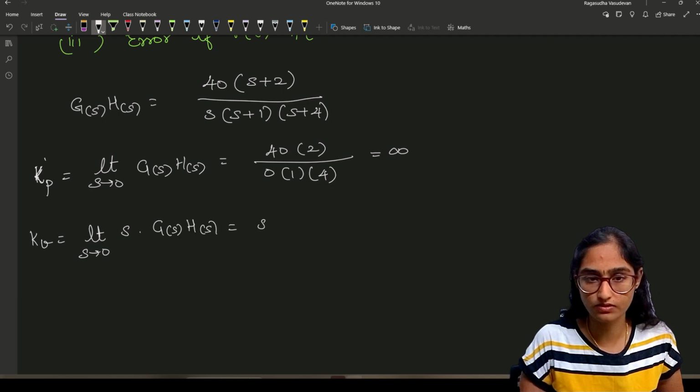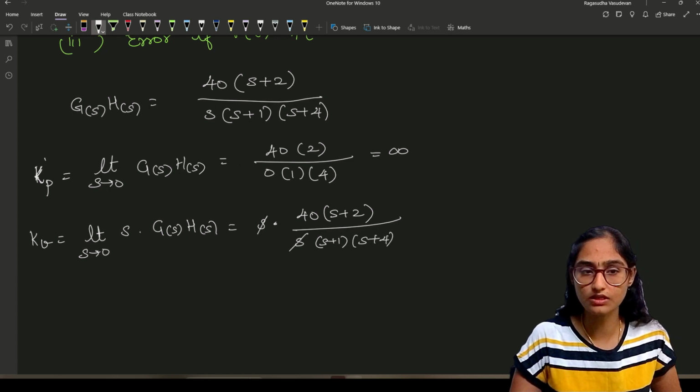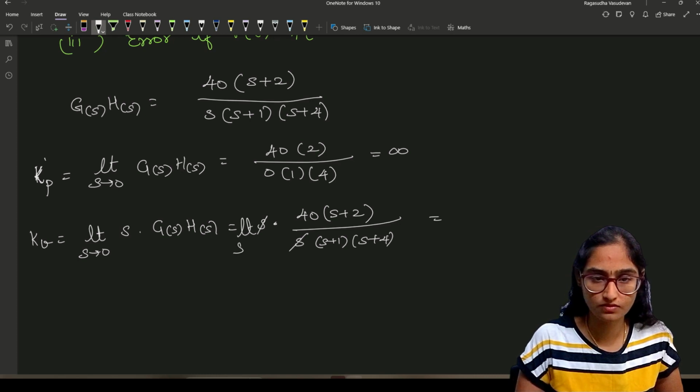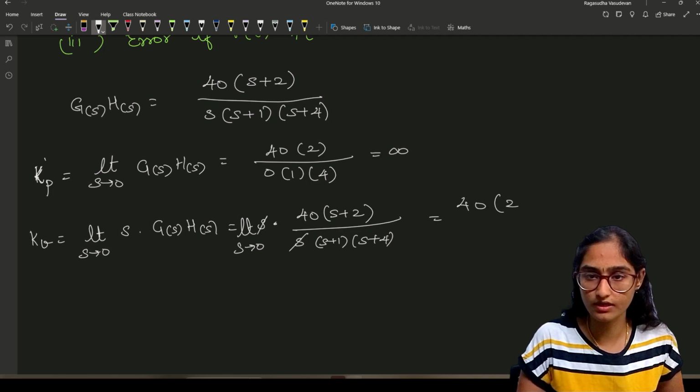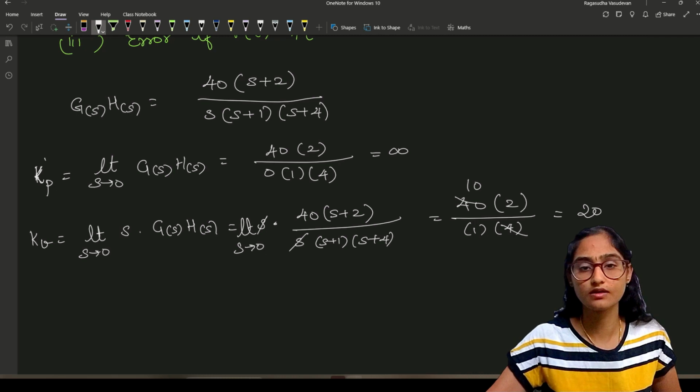So this is going to be s into 40 into s plus 2 divided by s into s plus 1 into s plus 4. Okay, so these s will be cancelled, and when the limit s tends to 0, this is going to be 40 into 2 divided by 1 into 4. The velocity error constant is 20, right?